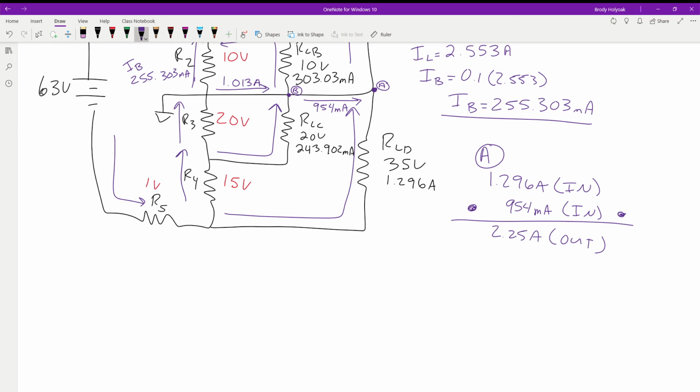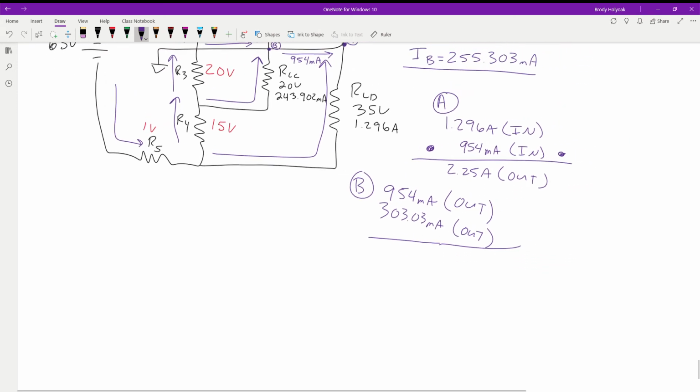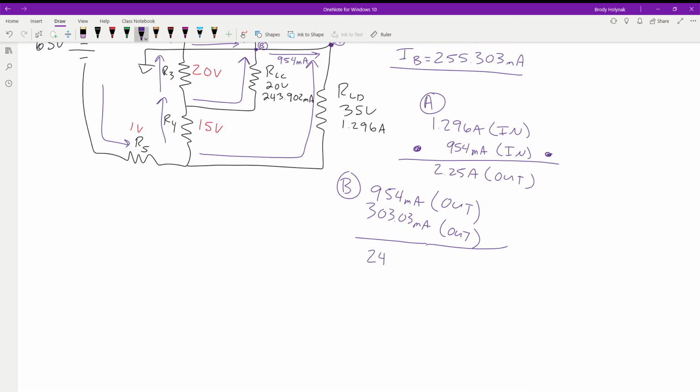Then when we get to node B, again, we've got 954 milliamps going out. We have 303 going out. And we have a total coming in, and we have one more leg that we have to determine the current for.